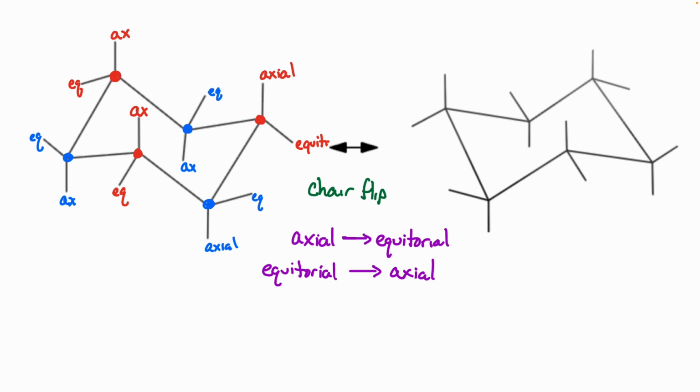The most important thing is keeping track of our carbons. So I'm going to number these carbons here: carbon 1, carbon 2, 3, 4, 5, 6. And we have to find those same carbons on the other side of our drawing.